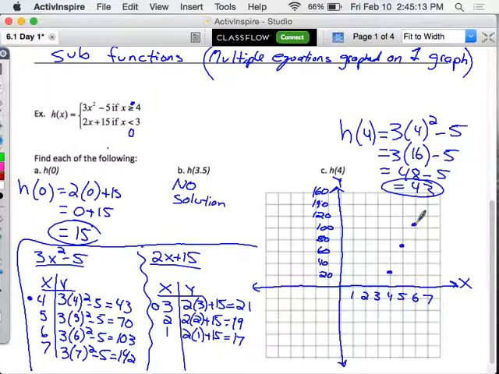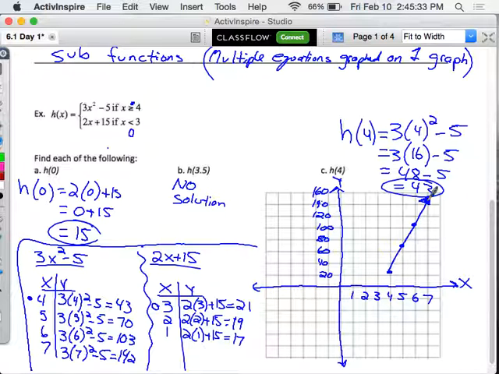And 7, comma 142 is all the way up here. All right, so we can go ahead and plot those points. And this continues on, so put an arrow going out towards the right.